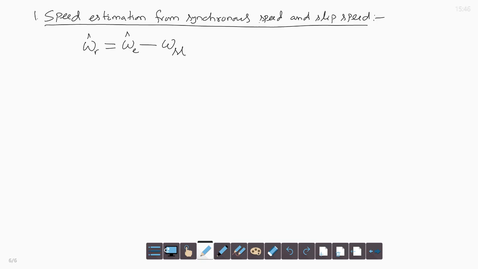And how the synchronous speed omega E is estimated, we have already discussed previously. So, omega E hat is estimated from voltage and current sensing and through flux estimation.